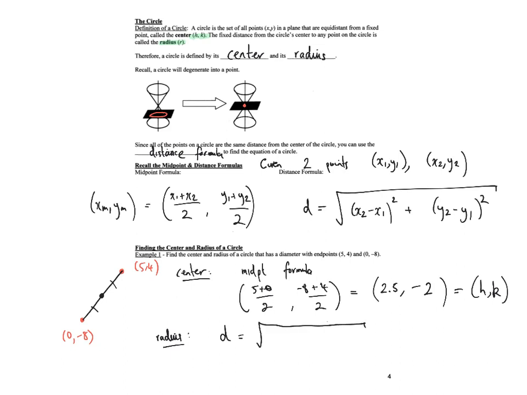We'll take the square root of 0 minus 5 squared plus negative 8 minus 4 squared. When we do that math, we should get the square root of 169, which is, of course, 13. So thus, the radius r, that is half the length of the diameter, is 13 over 2, that's 6.5. So that's our radius.